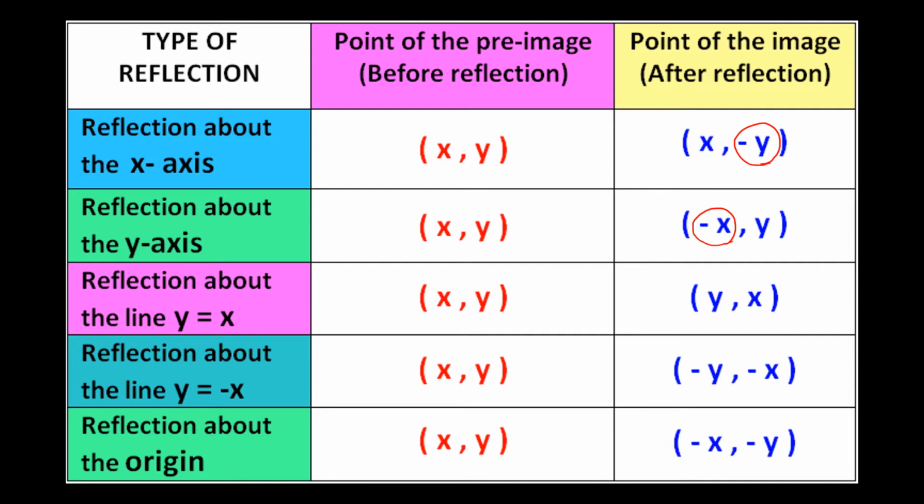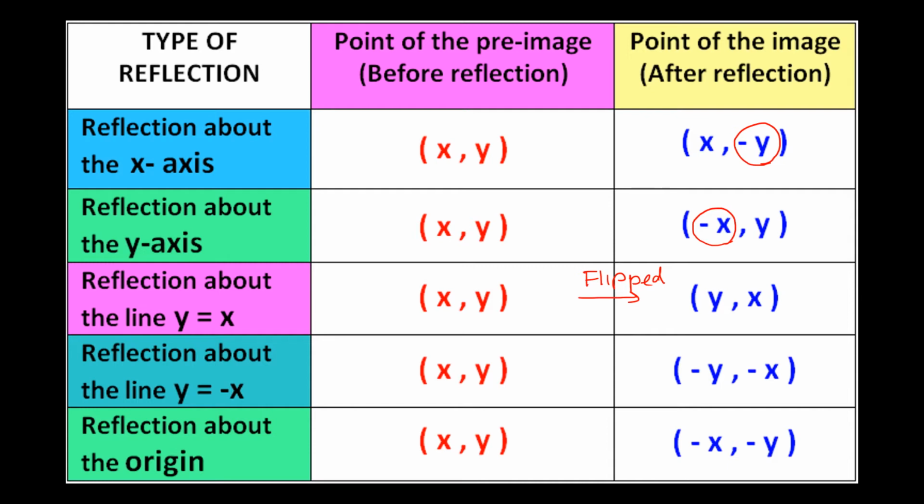If I reflect my pre-image about the y equals x line, then my pre-image has now flipped. So that means that my x becomes y and my y has become x.